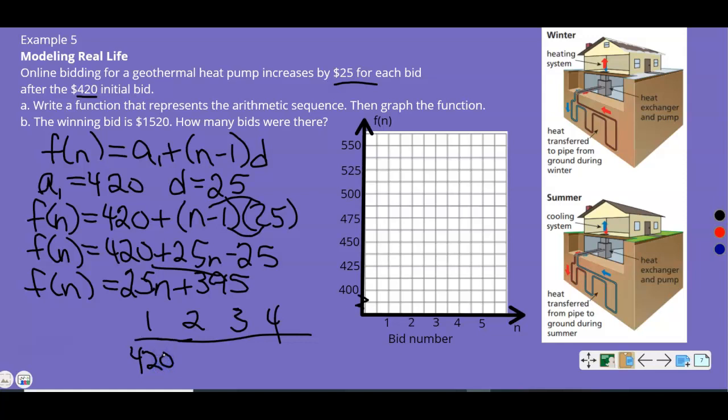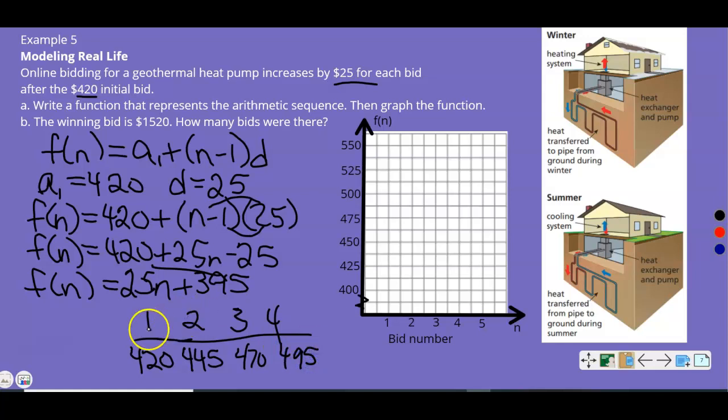Our second term would be 25 times 2, which is 50. 395 plus 50 would be 445. Then plug in 3. 25 times 3 is 75. 75 plus 395 would be 470. Then if I plug in 4, 4 times 25 is 100. 100 plus 395 is 495.